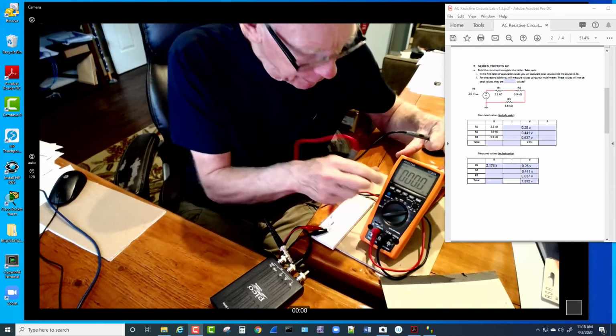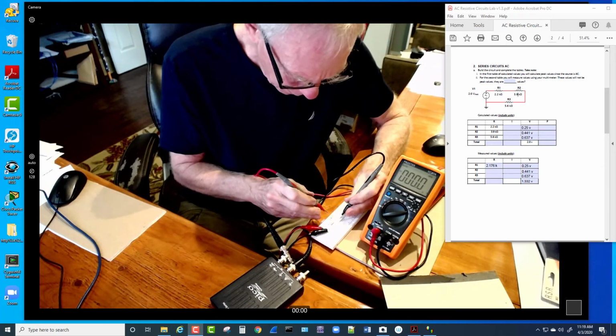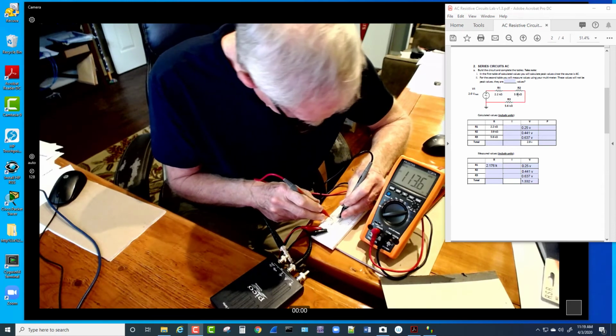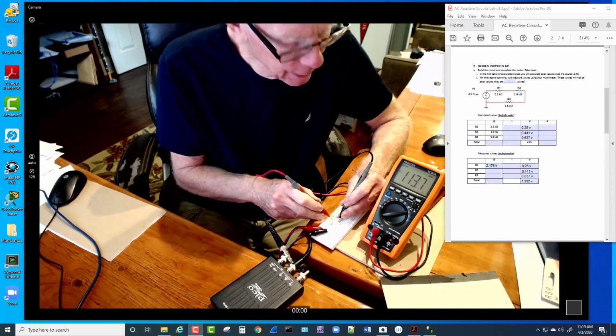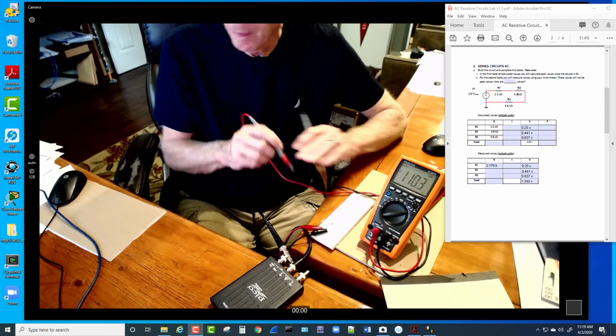So that means I'll dial it down. And don't forget to go to AC. And let's see what we get. 113.6 microamps, right?